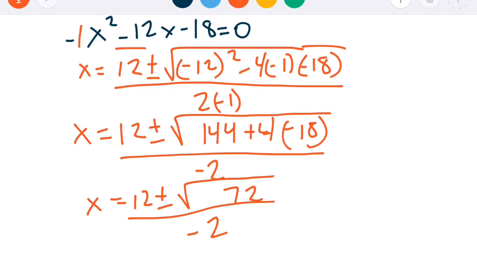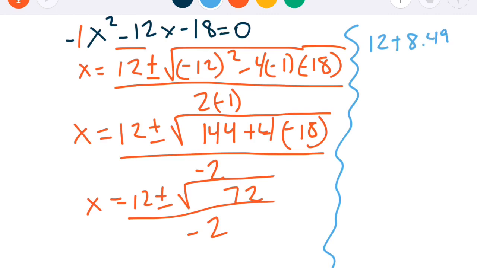Alright, so we are pretty close to getting our answers here. Now, 72 is not a perfect square. You can turn it into a decimal, that is okay. So we have 12 plus the square root of 72, if we turn that into a decimal, is 8.49 divided by negative 2.